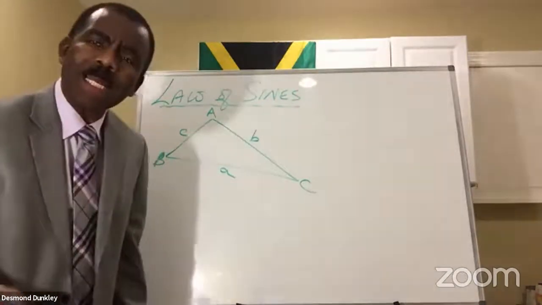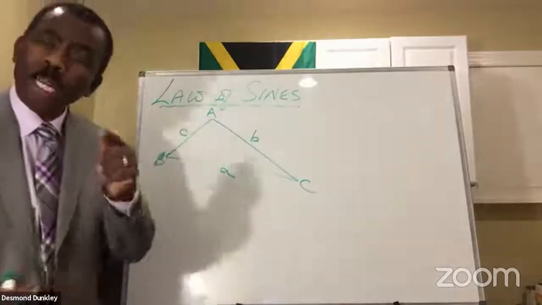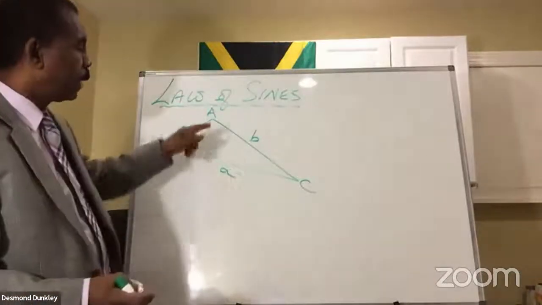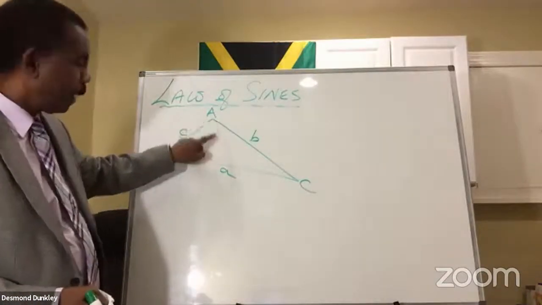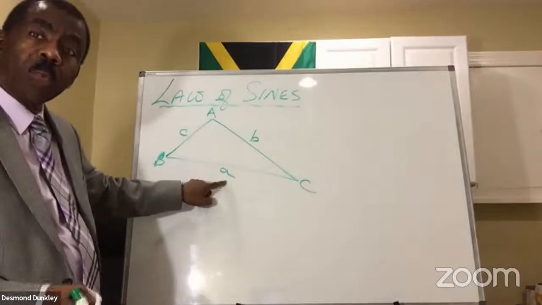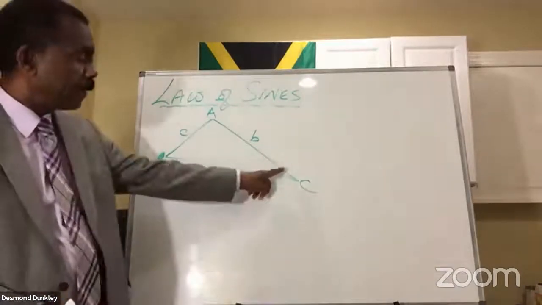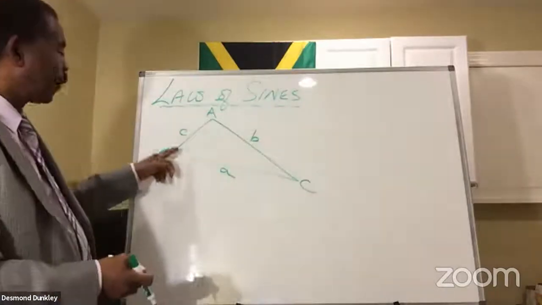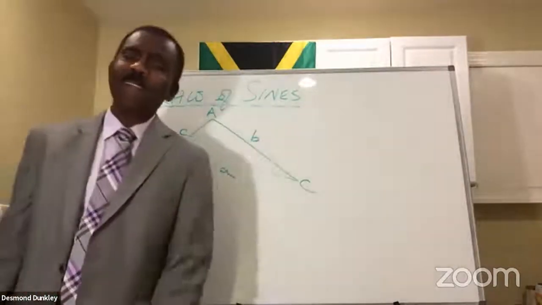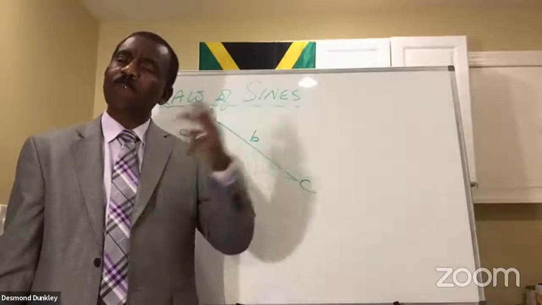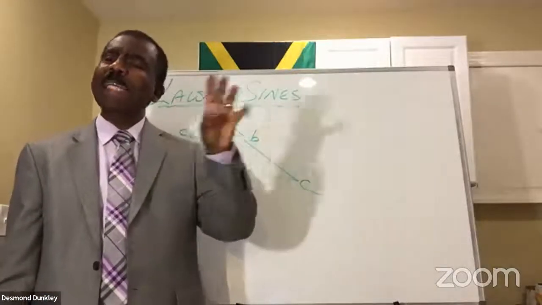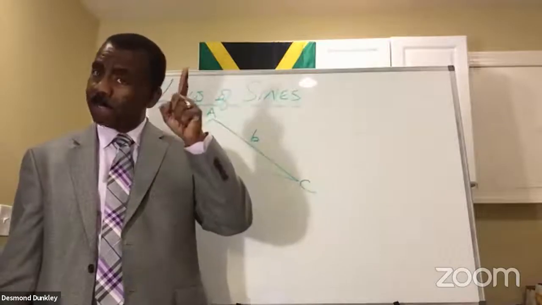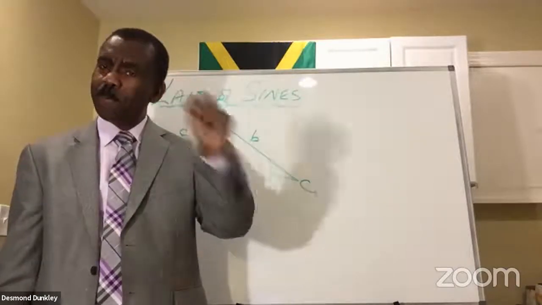The law of sines says that the ratio of the sine of angle A and side a will be the same for angle C and side c, and also the same for angle B and side b. The ratios are all equal. Very important, extremely important.